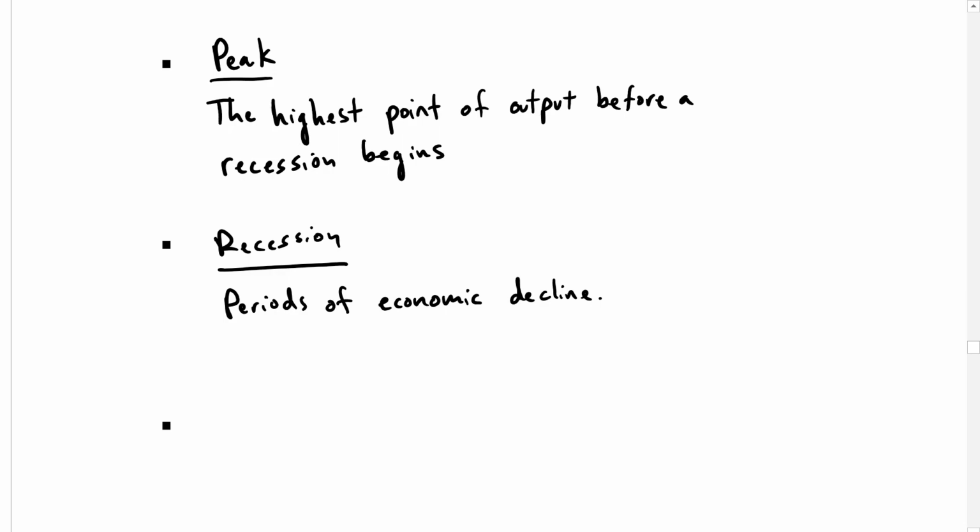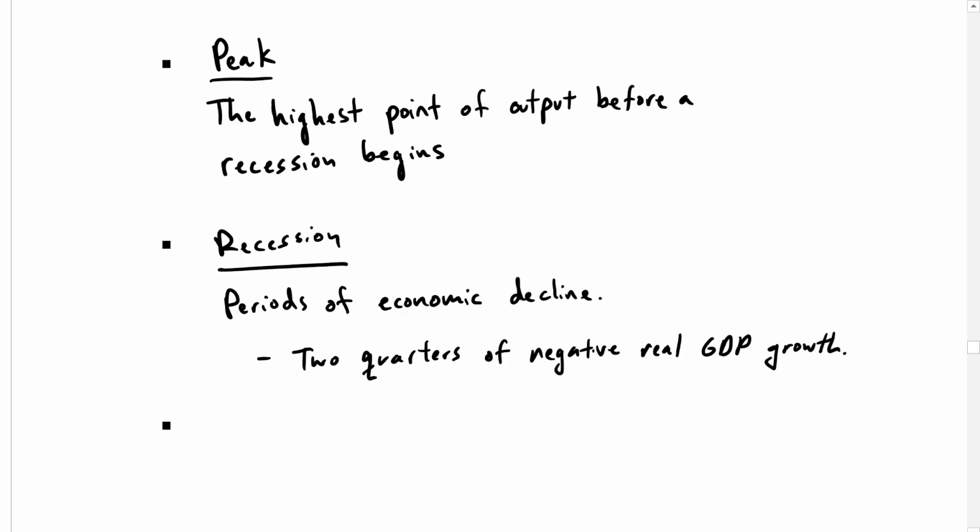The rule of thumb for what defines a recession is generally 2 quarters of negative real GDP growth. So basically 6 months of negative real GDP growth.